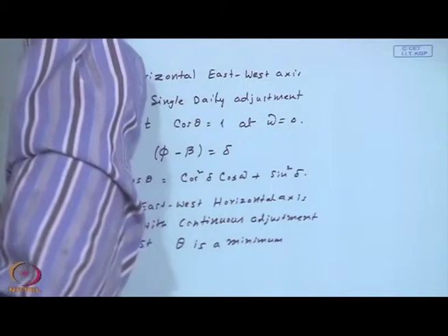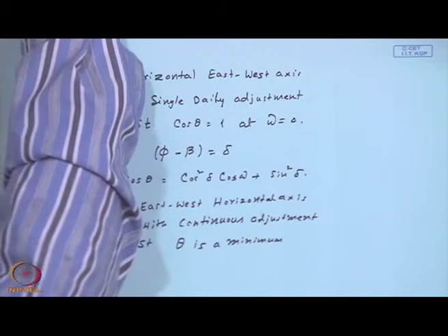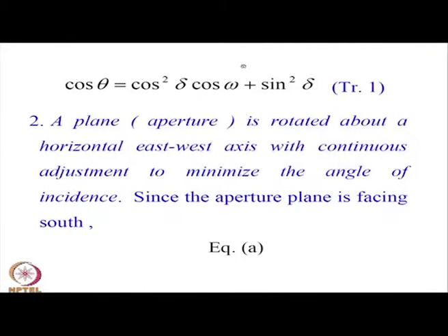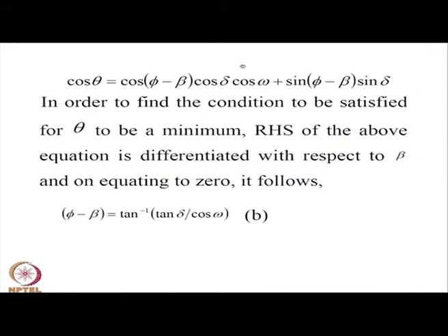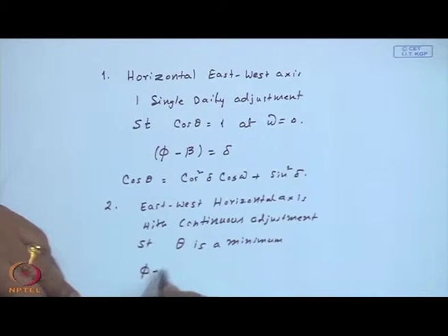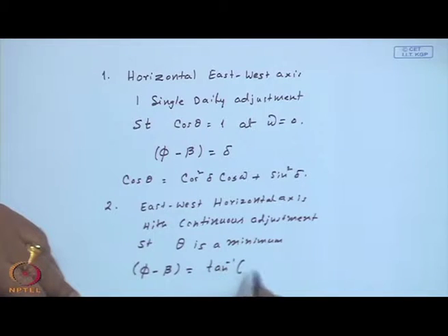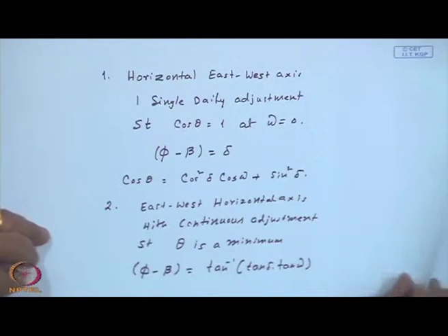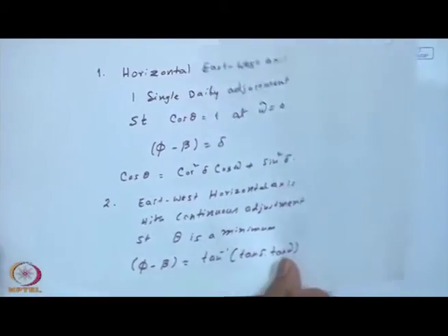So, we considered the equation for the cosine theta for a south facing surface, because it is an east west axis, then differentiated with respect to beta and obtained that phi minus beta at any hour angle should satisfy tan inverse of tan delta by tan omega, which gives you the same condition as phi minus beta is equal to delta at the time omega equal to 0.